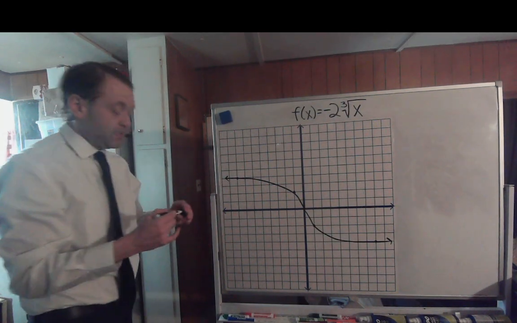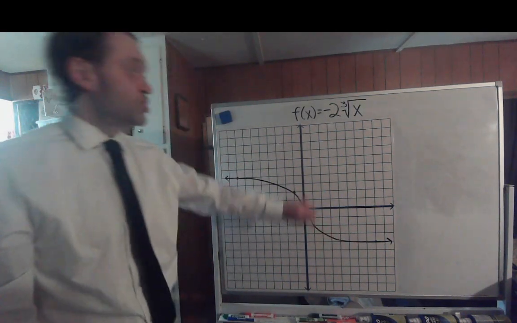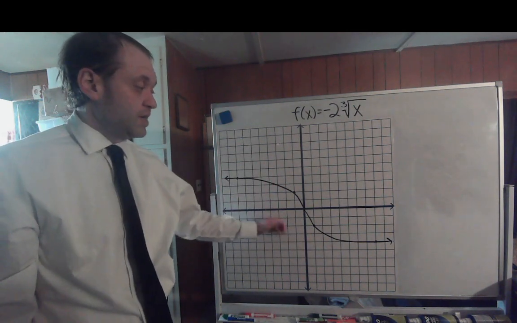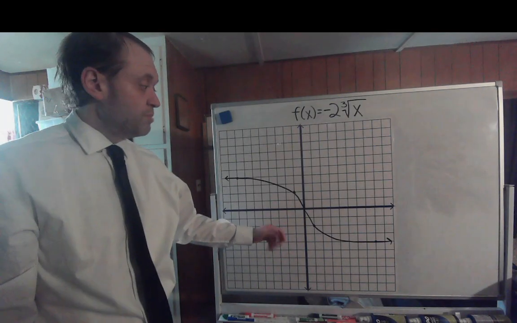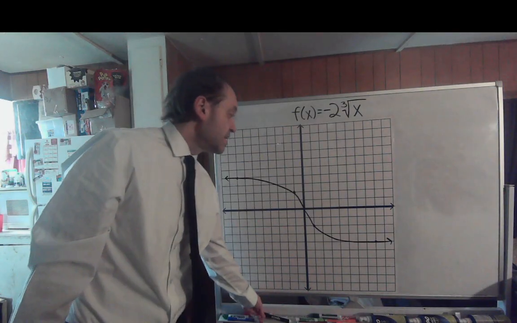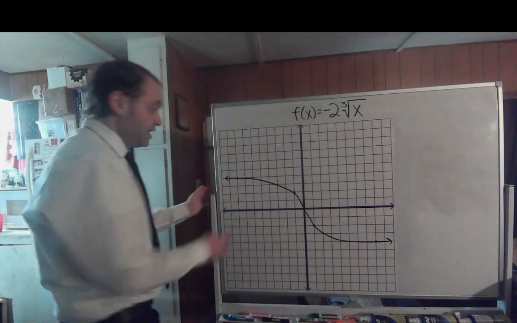Alright, so as you can see, it's not only reflected, but it's stretched vertically. It's a little bit taller in each of the up and down directions, but it's shrunk horizontally. It's not as flattened out. So that's the graph of f of x equals negative 2 times the cube root of x.